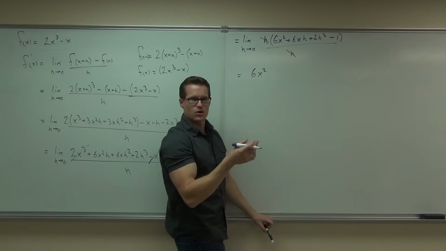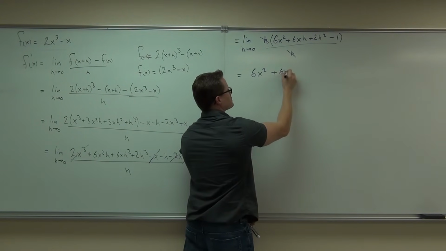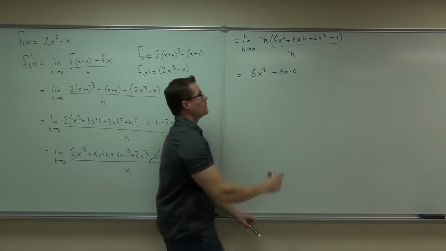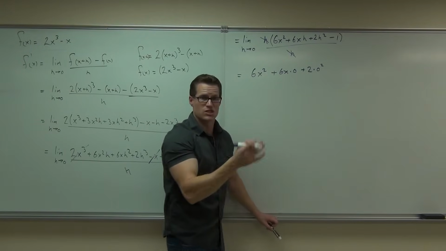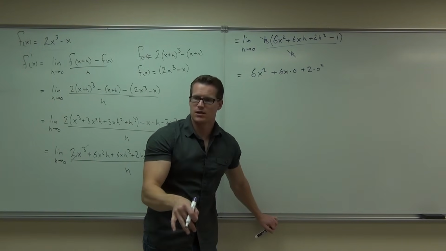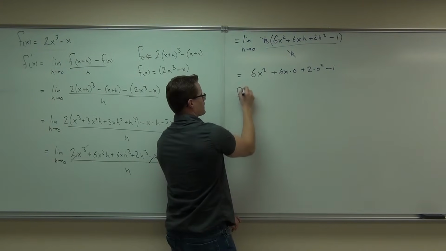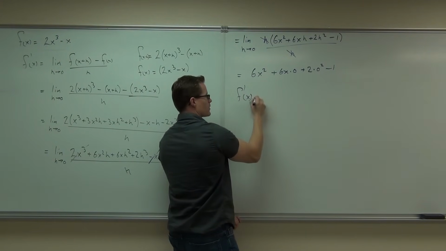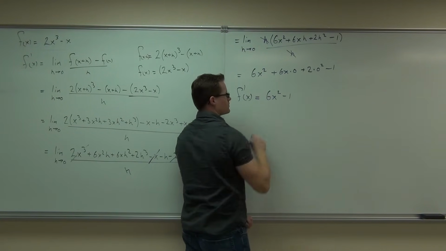That's 0. Why is it 0? 6x times 0, because h is 0. Plus 2 times 0 squared, because, well, h is 0. How about the minus 1? Do I still have that? Yes, absolutely. So this is going to be your first derivative. We call it the first derivative: 6x squared minus 1.